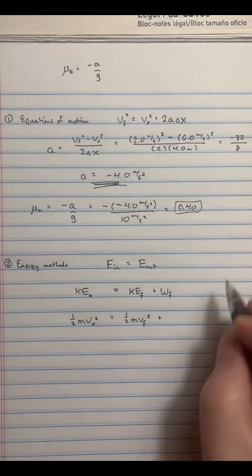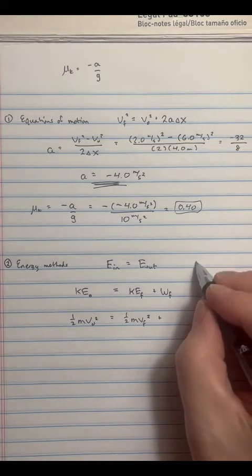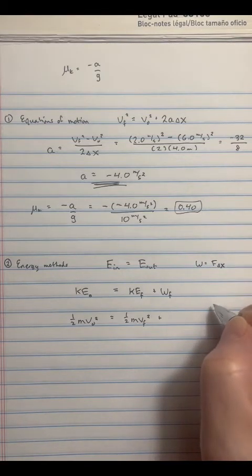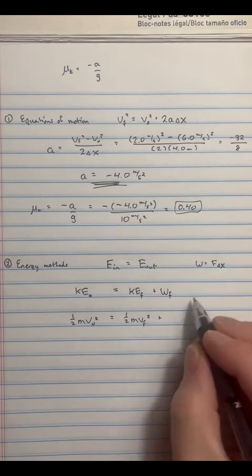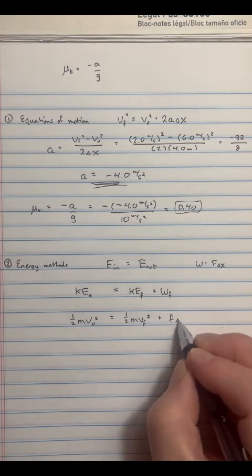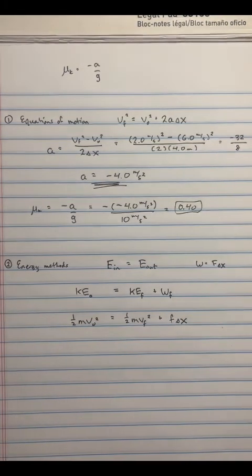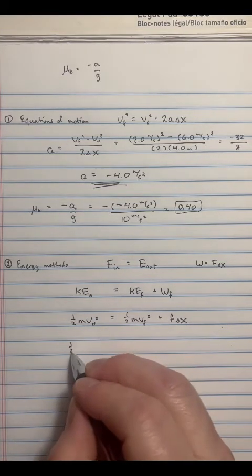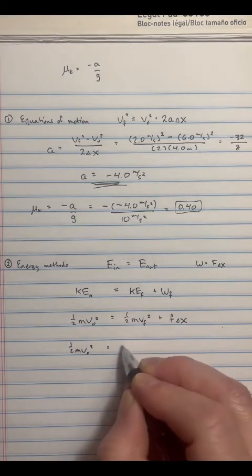Work is ultimately force times distance. So work is a force times a distance like this, right? Okay. So let's write that in. Force of friction multiplied by distance. I'll use the little letter f now because that's the specific kind of force we're talking about. All right, so here's the cheat, if you will. Let's keep writing the kinetic energies for the moment.